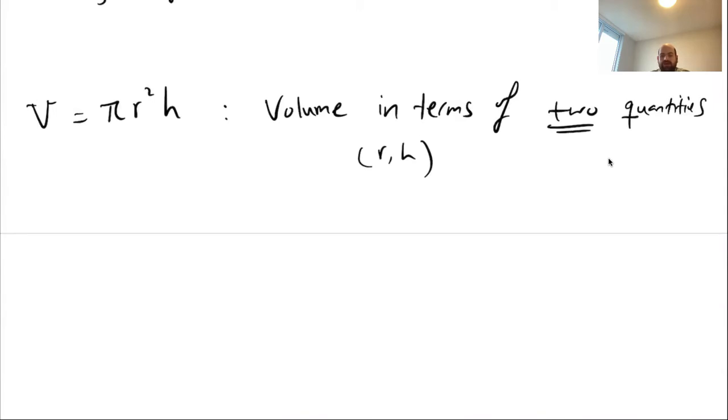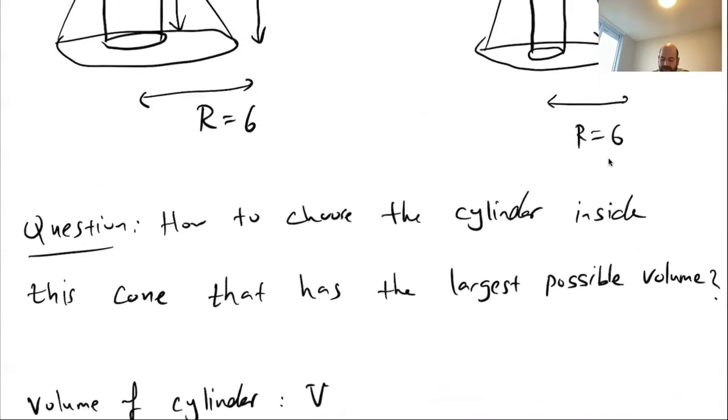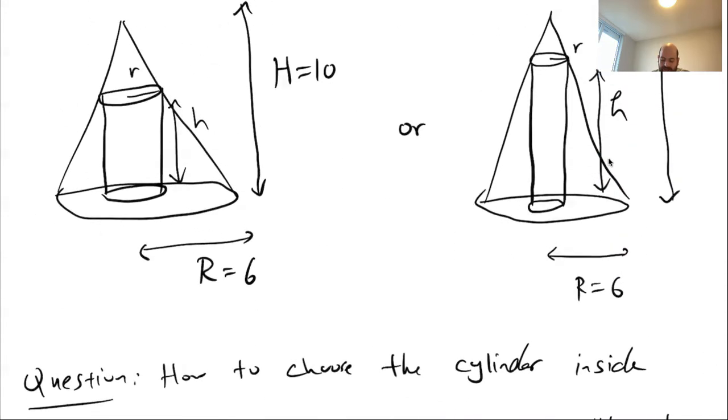So our next job is to write V as a function of one variable only, either r or h. Now, how can I do that? I can see r and h cannot be unrelated. Once I find the connection between r and h, I can find one of them in terms of the other and substitute back, and then I'll have volume in terms of one variable. And there is a connection between r and h here.